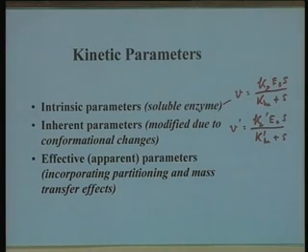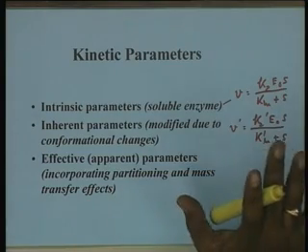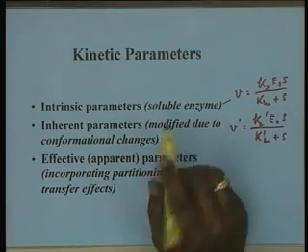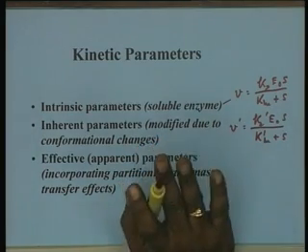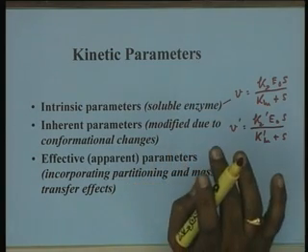Basically, the parameters are just given a prime, and the inherent parameters have no role to play, or not much can be done about them during reactor design or reactor operation. They are the final kinetic property of the immobilized enzyme. I must again clearly stress that the inherent parameters do not consider the diffusional effects or the partitioning effects.